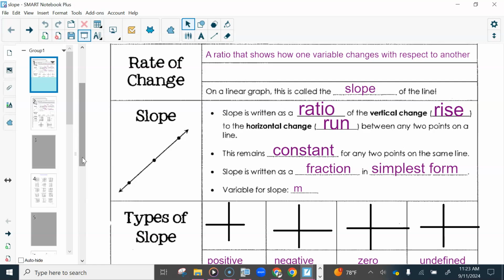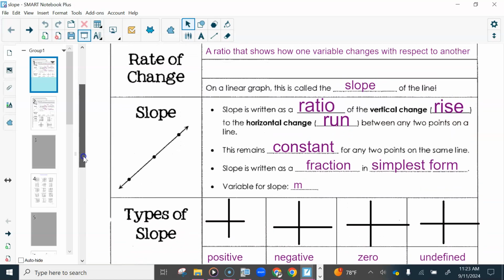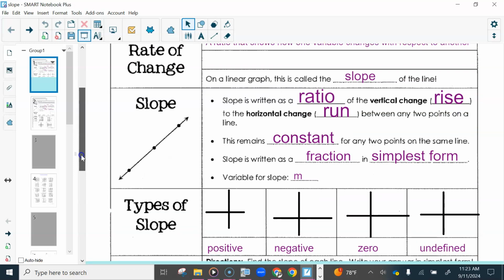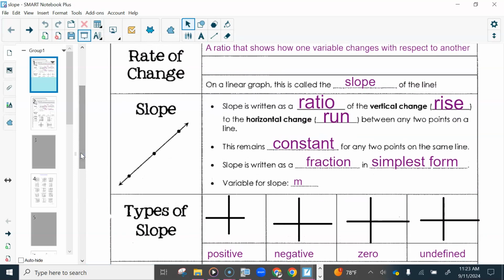Once you have all of that written down, draw in these four axes, and these words, sorry. So these four sets of graphs and these four words: positive, negative, 0, undefined.